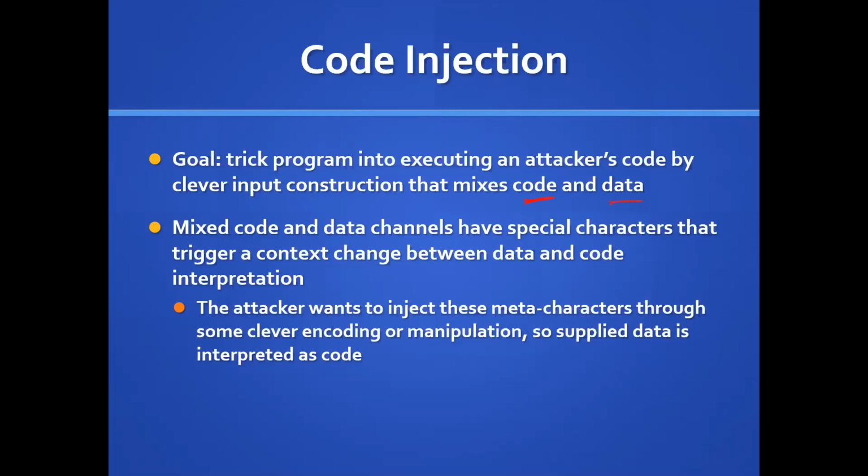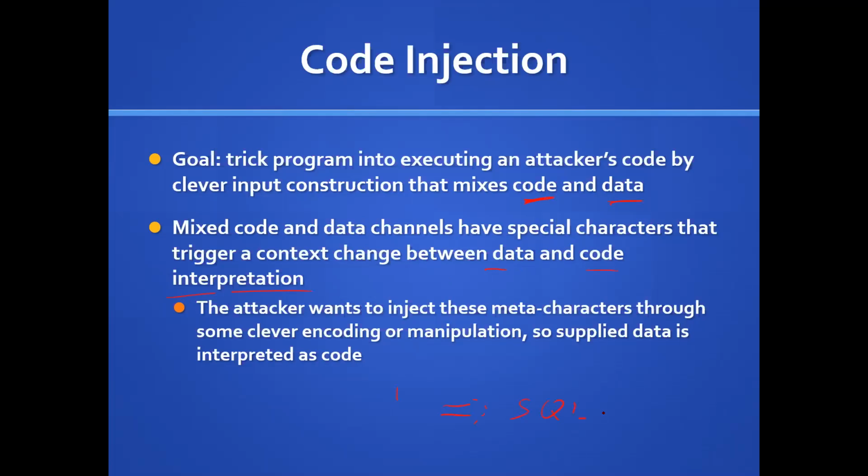You actually want to separate those channels of what is code and what is data in a good way. Mixed code and data channels have special characters that trigger a context change between what is data and code interpretation. For instance, the perfect or classic example of that is the single quote in SQL.